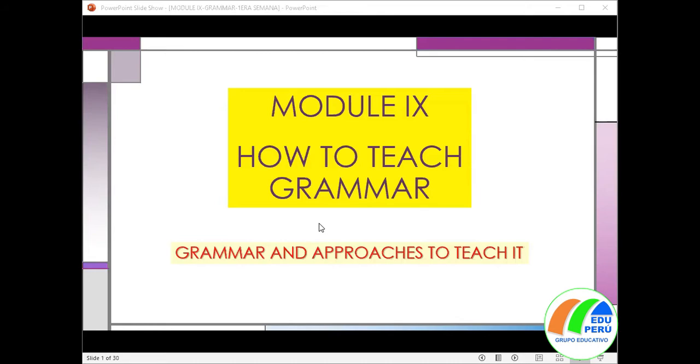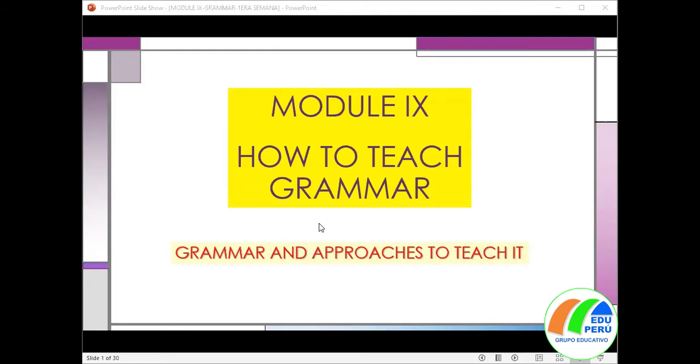Then we passed to how to teach different skills, the main four skills: reading, listening, speaking, and writing. So here we cover the 8 modules. In this module 9, we are trying to cover two important aspects when we teach or learn a language: grammar and vocabulary. In the first two sessions of this module, we're going to talk about how to teach grammar.